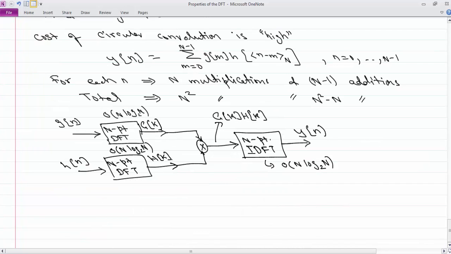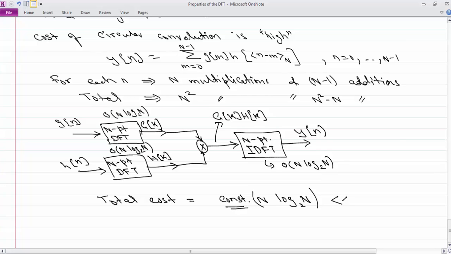So the total cost is, whatever was the constant here, it still is some constant times n log n to the base 2, which, depending upon the value of this constant and depending upon n, can be much smaller than n squared.